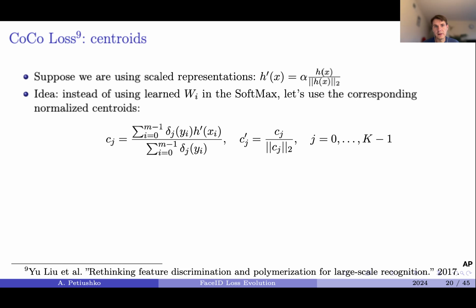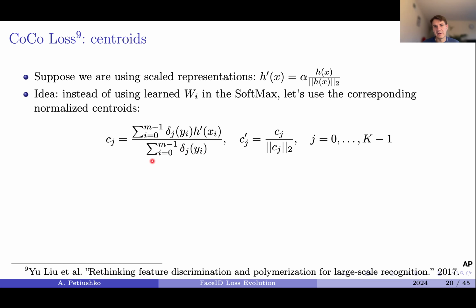The idea here, instead of using learned wi, and remember that in the neural collapse case, wi tends to be as close as possible to the center of representations, is to use the corresponding normalized centroids. Here Cj is just centroids, and C prime j is normalized centroids.